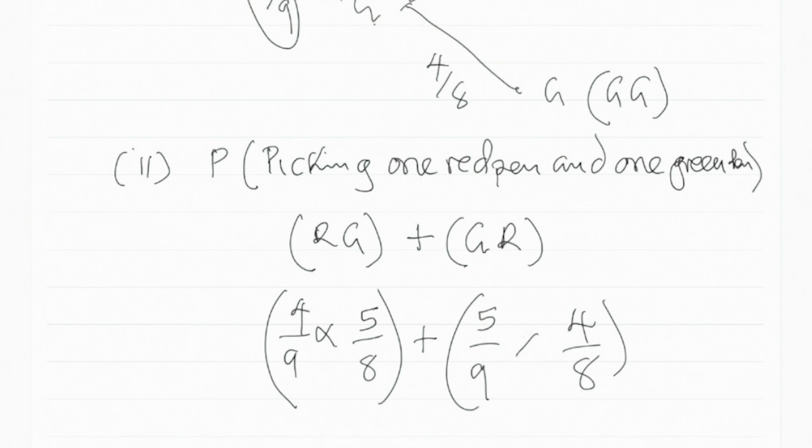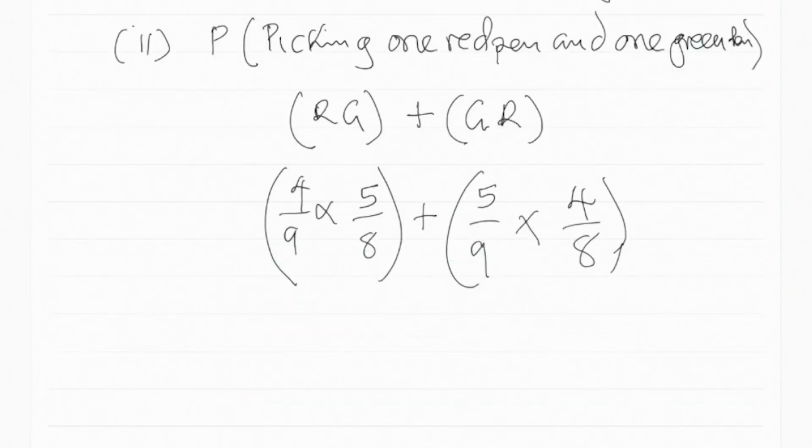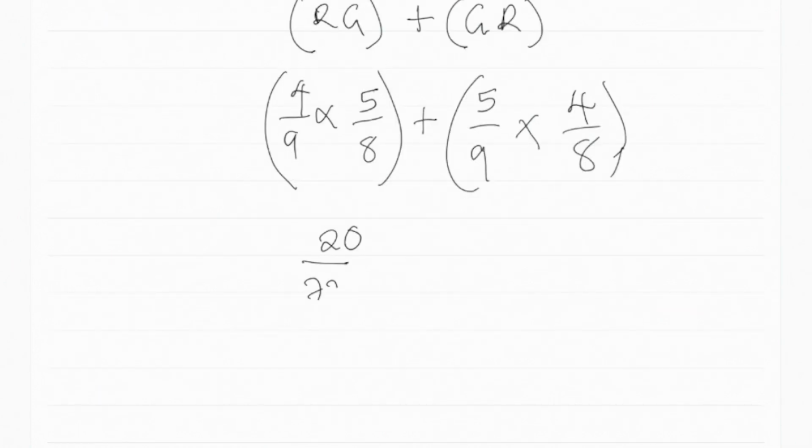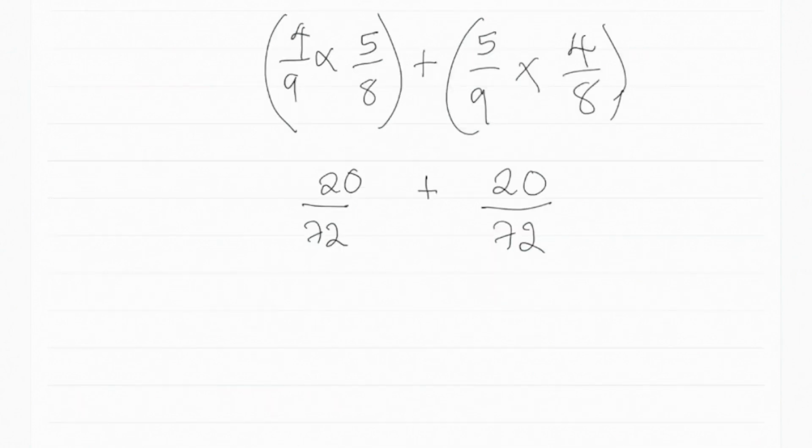Okay, fine. Now, if we multiply that, 4 by 5, we are going to have 20, everything over 9 by 8, that is 72. Then plus 5 by 4, there again we're going to have 20, and we are going to have 9 by 8, also 72. Right. Hope you're following closely there. And now we are going to do some simple calculations, some simple mathematics. Simply, these are numerical fractions.